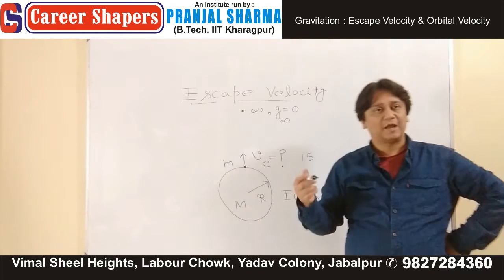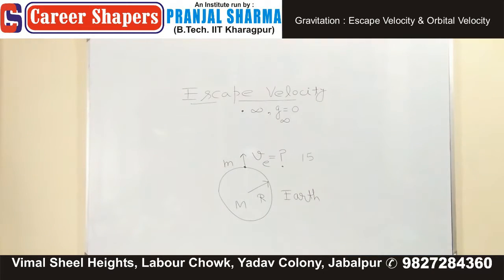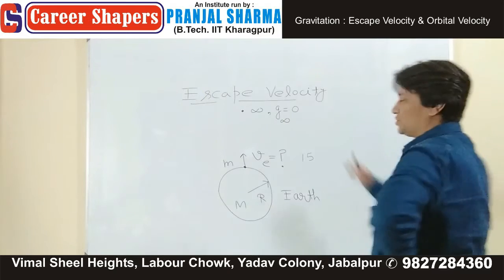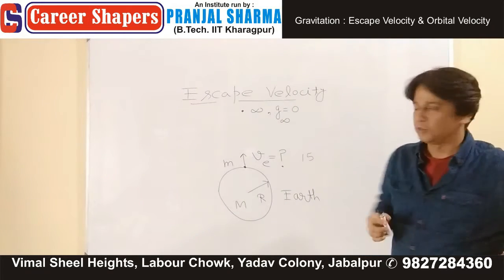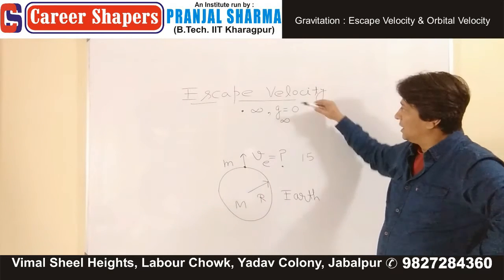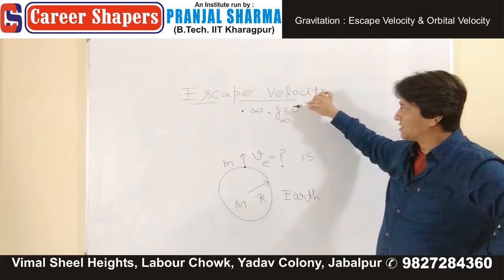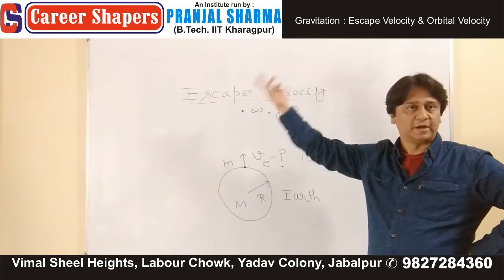Although it's not correct to say that you can move to the other side of infinity, because infinity means a place which is at a very large distance. But just for the logic present in the question, right at this place gravity becomes zero, and after that it is definitely zero.